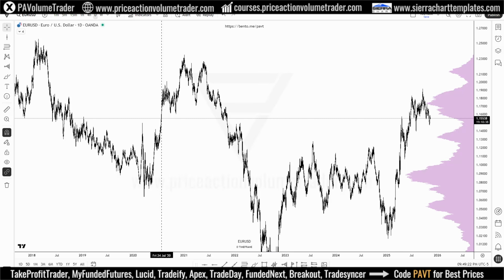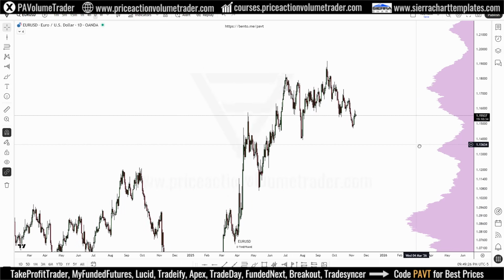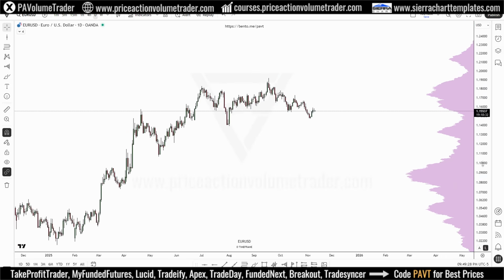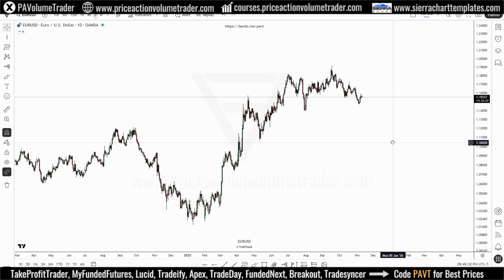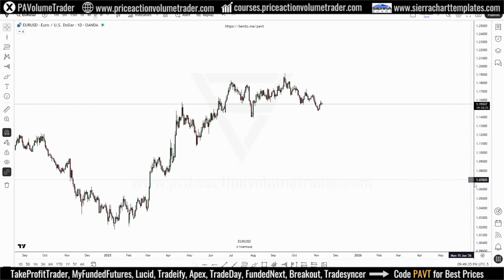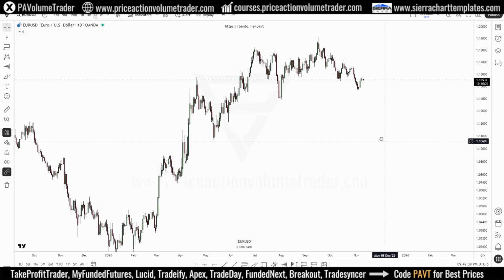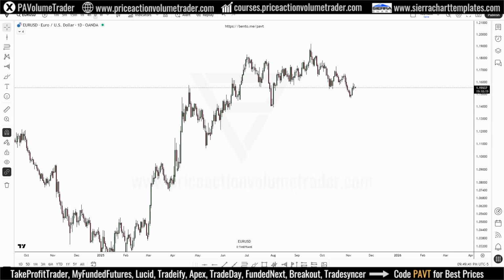But if I don't want to go that far back and just want to focus more on recent price action, I could get away with just putting a profile from this recent low to the present. That would cover this whole rotation up and now the pullback that we are getting.